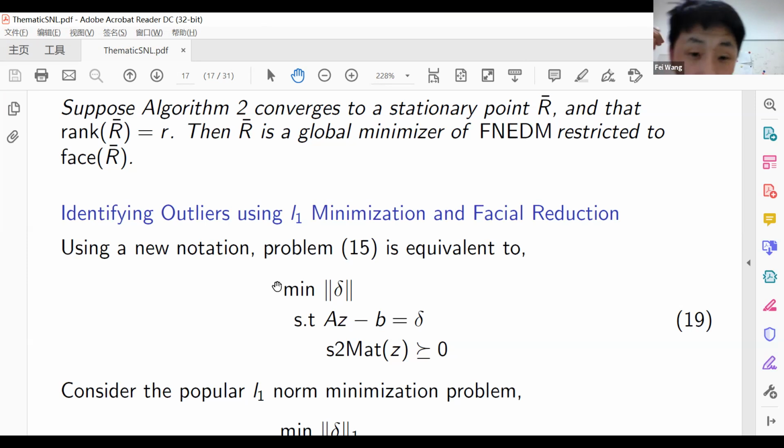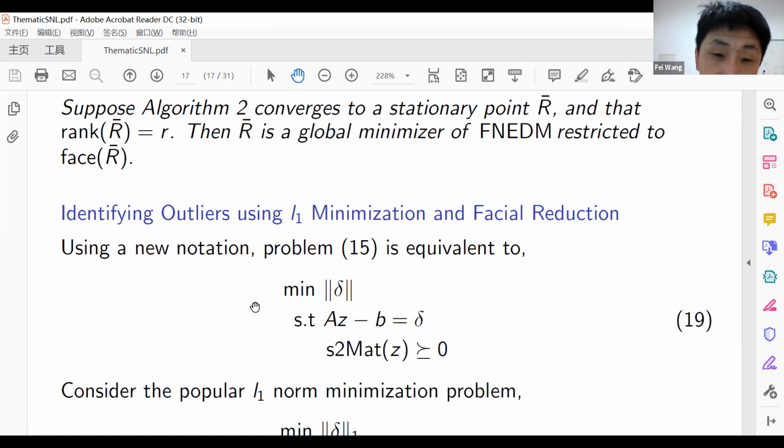Therefore, there are more constraints than variables, and we can use the L1 minimization to identify the outliers. The outliers are the towers, the distances, that are contaminated by big noise.